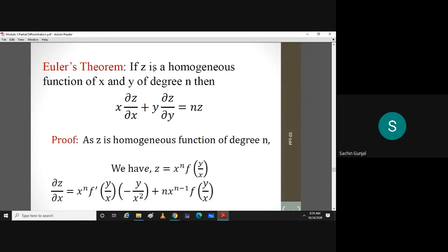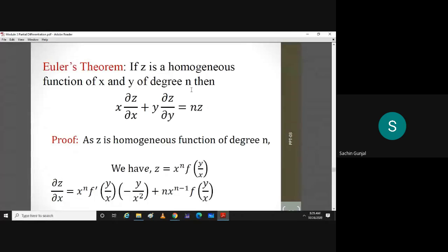Here the function is denoted by z equals f of x, y. Most of the time we will denote it by u equals f of x, y, so wherever there is z, replace that z by u. It's a question of notation only.